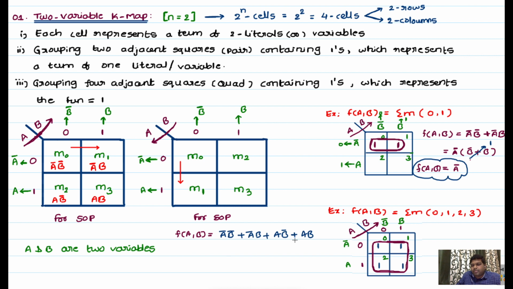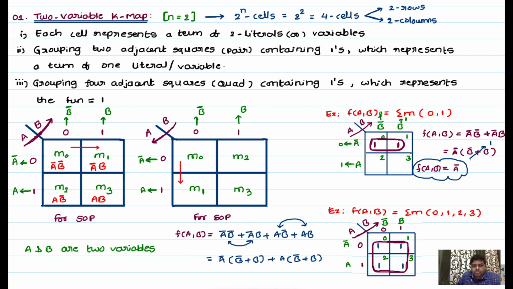Now you can simplify all these product terms. Then what you will get, for example, if I am taking these two, here we have A bar as the common factor. If you are taking these two, we are getting A as a common factor. Now A bar into (B bar plus B), plus if I am taking A as a common factor, I am getting (B bar plus B).